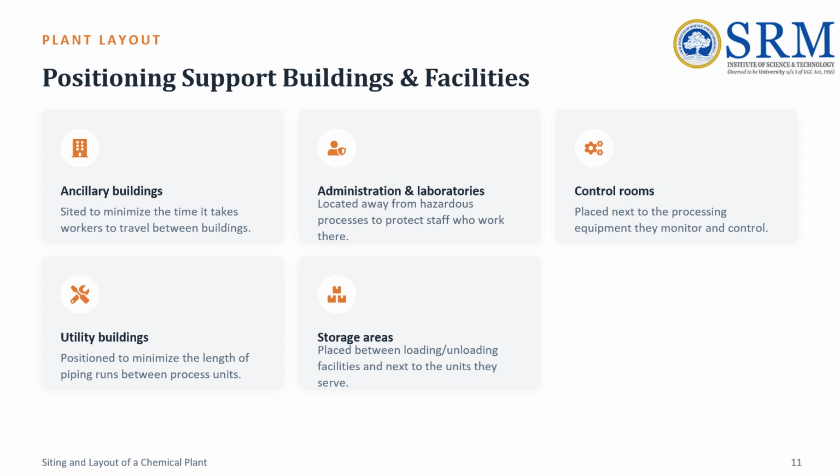Control rooms should be close to the equipment they monitor for efficient operation. Utility buildings should be positioned to reduce piping lengths and energy losses. Storage areas should be located near the process units and loading facilities to improve operational efficiency.